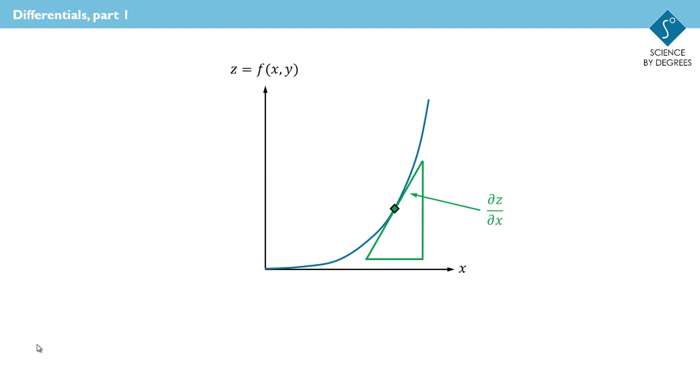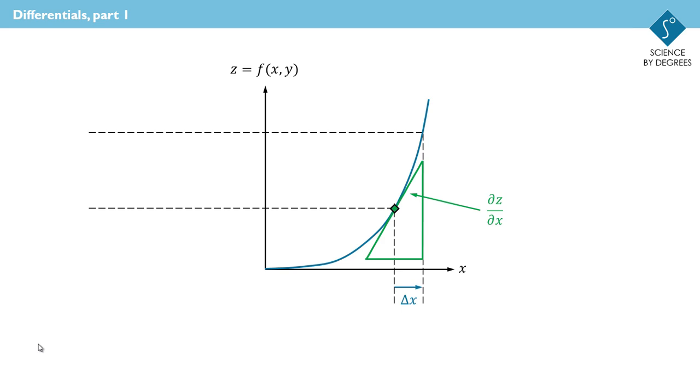And let's imagine that we want to ask the question, how much effect does a small change in x here have on z? And we'll call that small change in z delta z, in the same way that delta x is a small change in x.